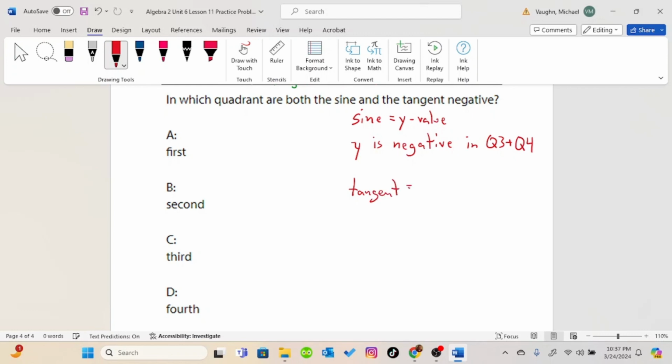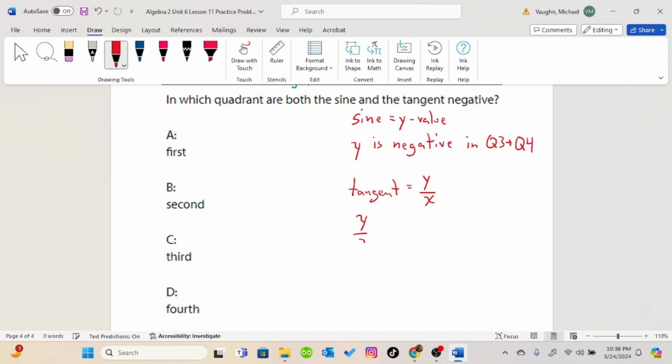Tangent equals y divided by x. For this to be negative, one of them needs to be positive and one of them needs to be negative.